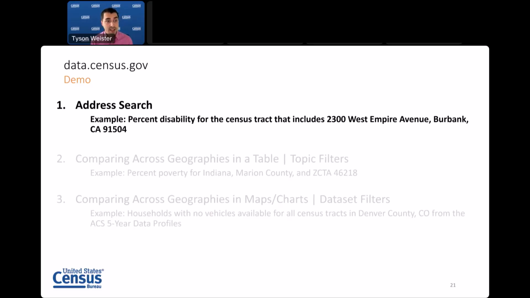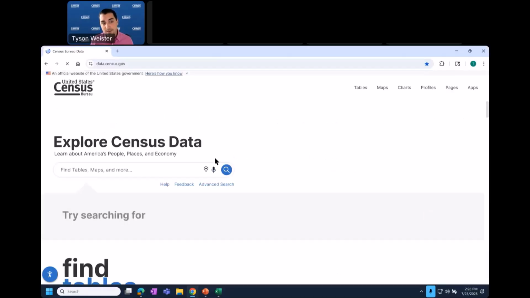So to get started, we're going to show an example finding data for the census tract that an address falls within. And for this example, I'm going to pull up % disability for the census tract that includes this address, which corresponds to the Census Bureau's regional office in Los Angeles. So what you'll want to do is go to data.census.gov.